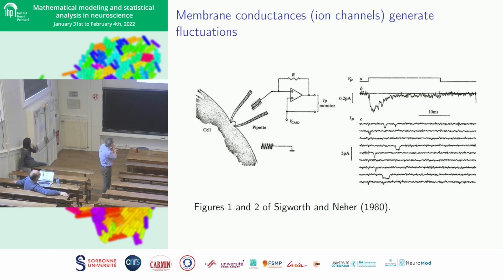And these are successive trials, and you see sometimes the opening of the channel comes early, sometimes it comes late, sometimes it's very brief, sometimes it's longer. So what you're seeing here is a single macromolecule that is switching back and forth between two or more metastable states. And you can see it because when it's in the open state, you have a relatively large current flowing through the channel.